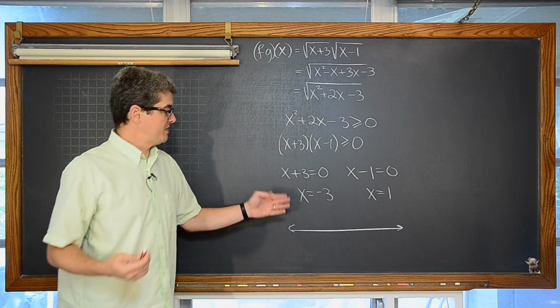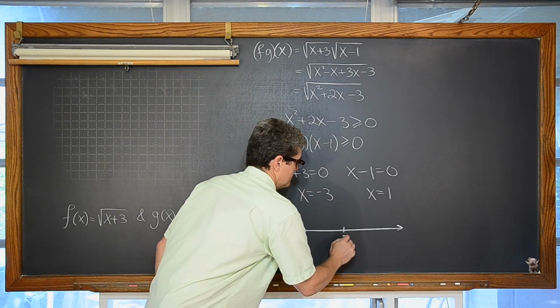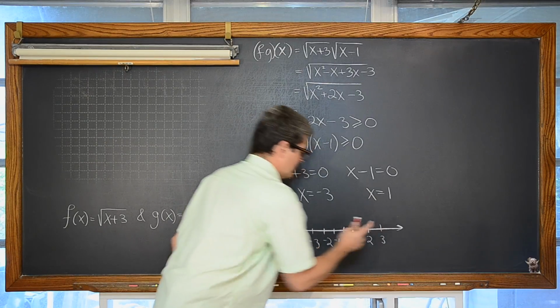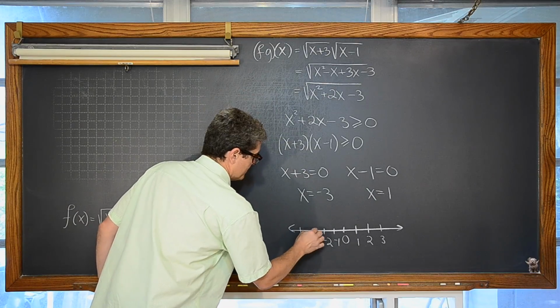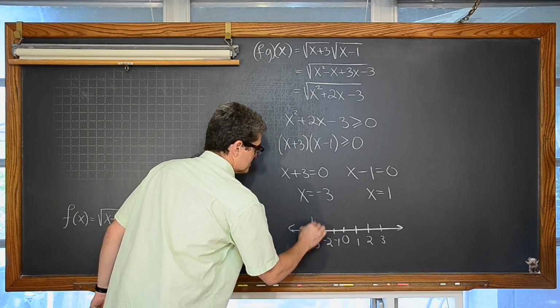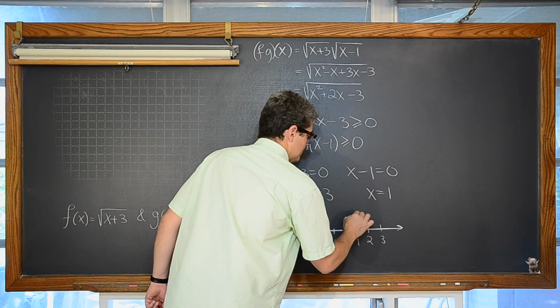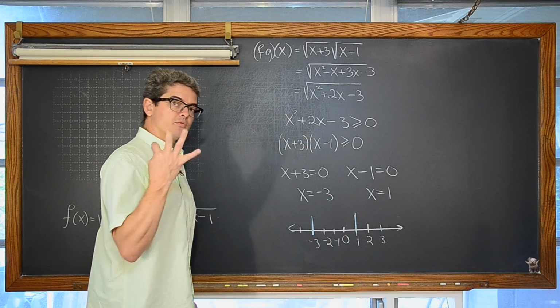You can put these values on the number line, mark them as sort of test points, or important points along that number line, and set up three different intervals.